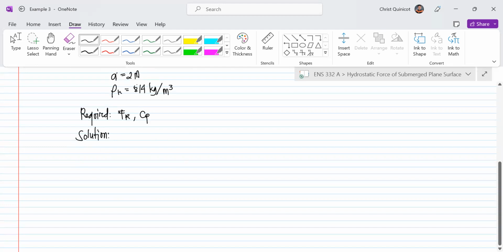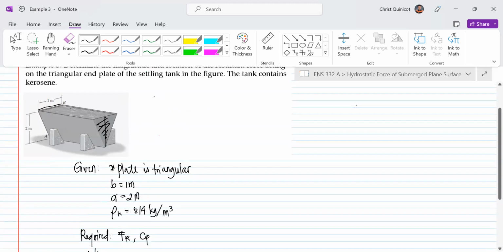So we'll find the centroid first. For a triangle, from the base to our centroid, that is 1/3, and from the centroid to the tip, that is 2/3.